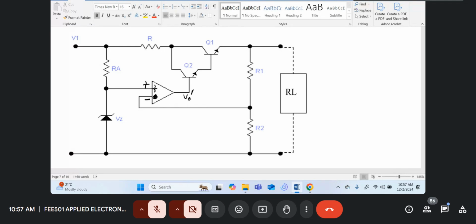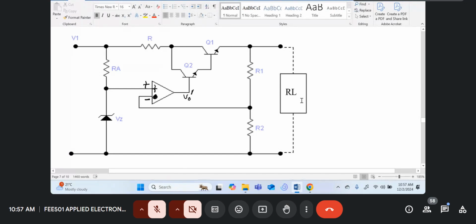Okay. So this is our series power supply. It's called series because the control element, which is formed by Q1 and Q2, is in series with the unregulated power supply and our load.